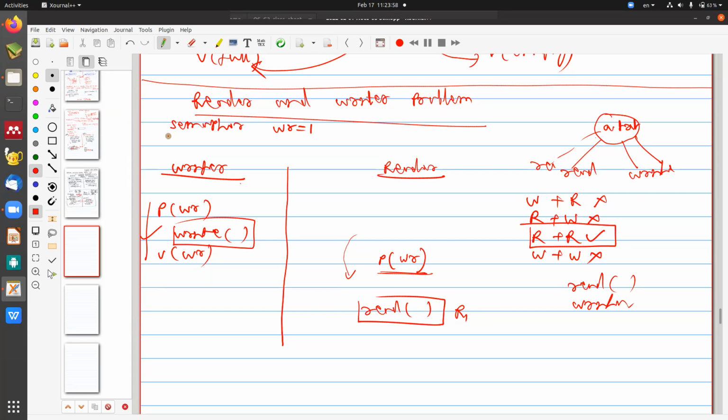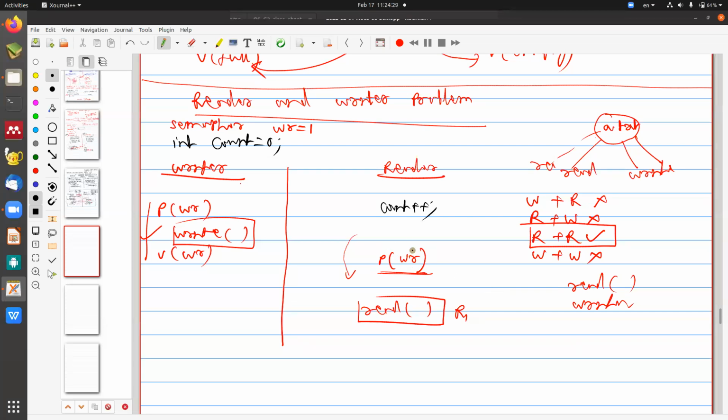Why don't you take another variable called count? When the first reader comes, I can do count plus plus, then the count will be 1. When count is 1, the PWR is necessary. But if count is 2, 3 or more, this PWR is not necessary.